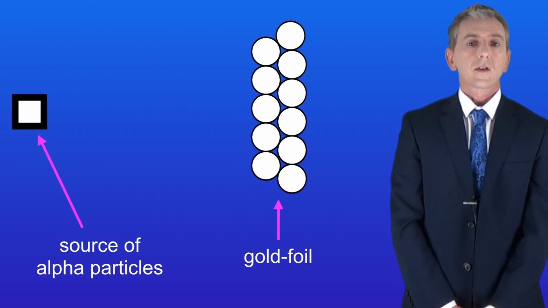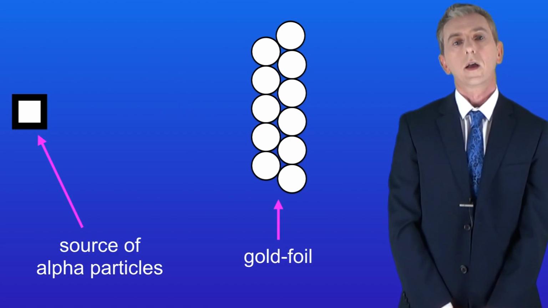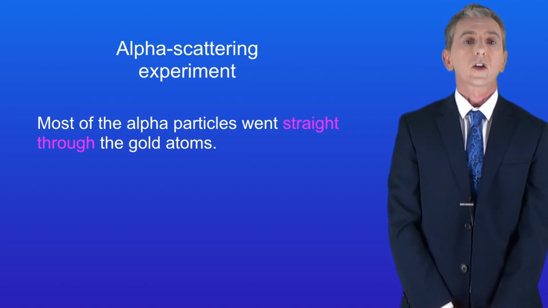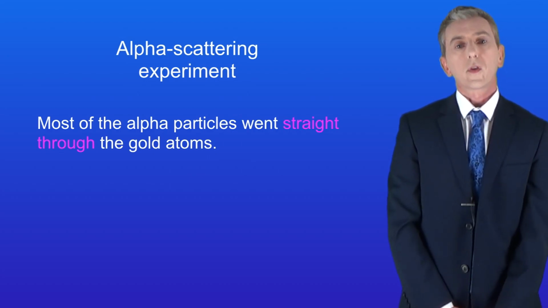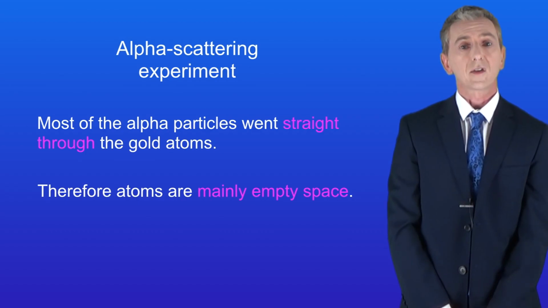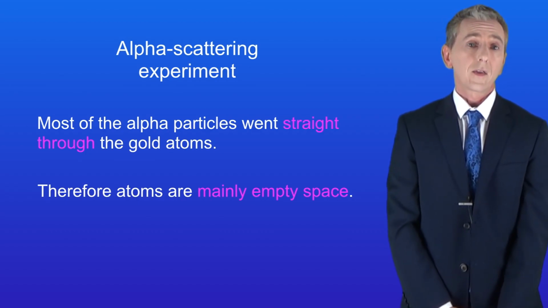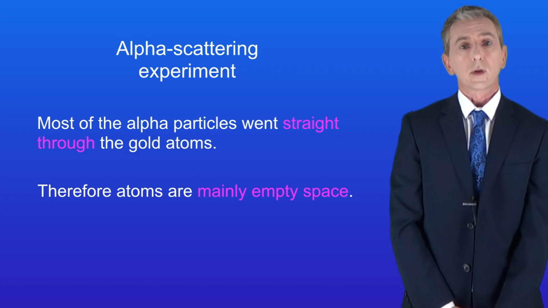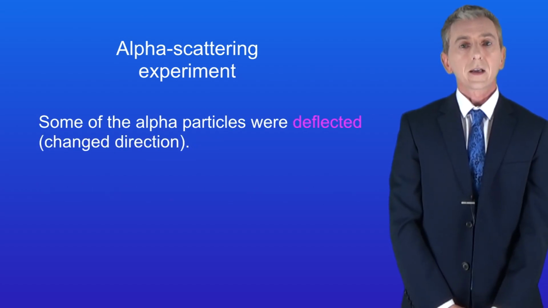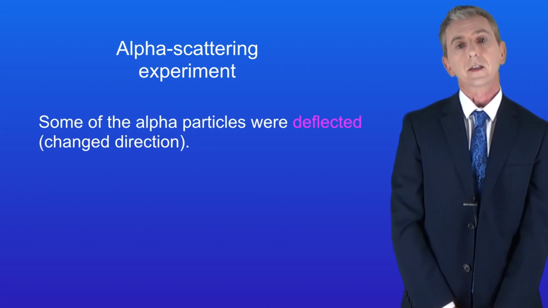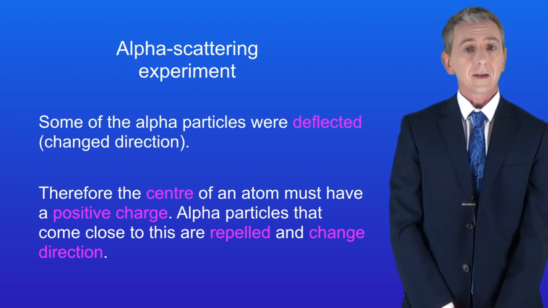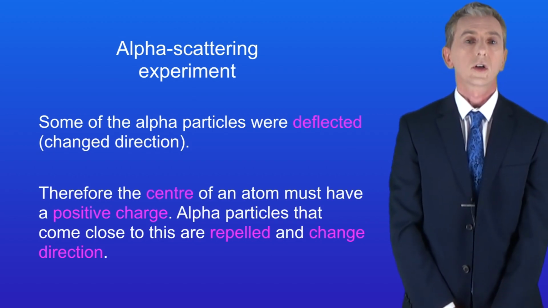So let's look at what scientists worked out from these results. The fact that most of the alpha particles went straight through the gold foil told the scientists that atoms are mainly empty space. So straight away they knew that the Plum-pudding model had to be wrong. Secondly, because some of the alpha particles were deflected, that told the scientists that the centre of the atom must have a positive charge.